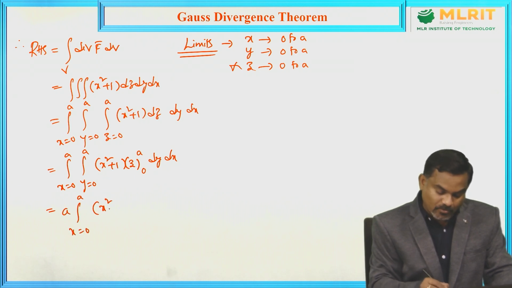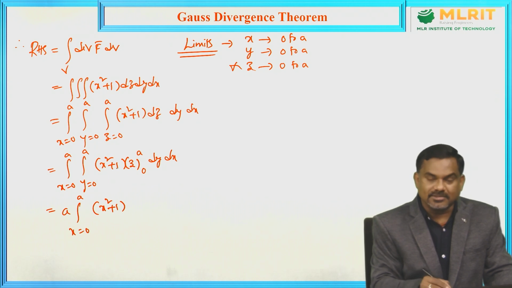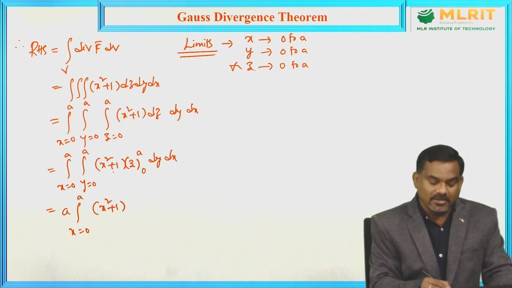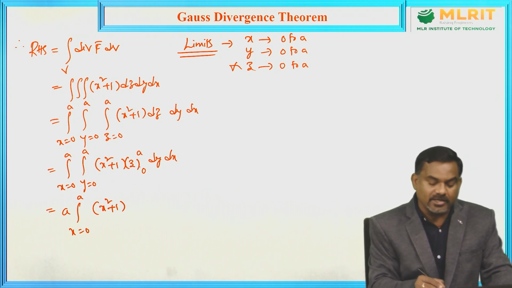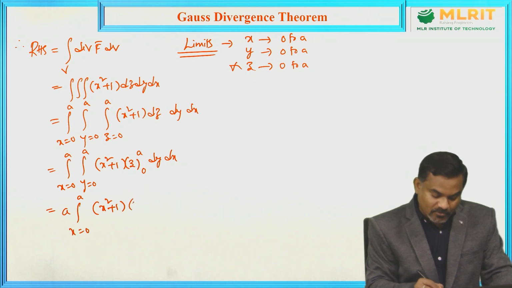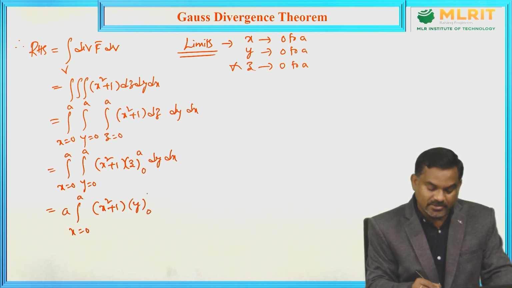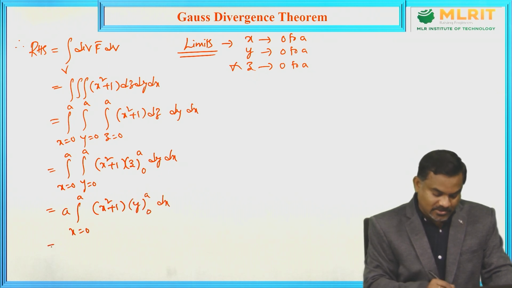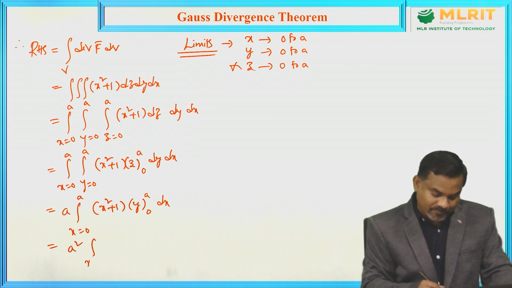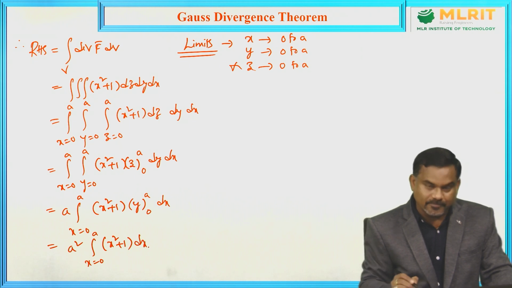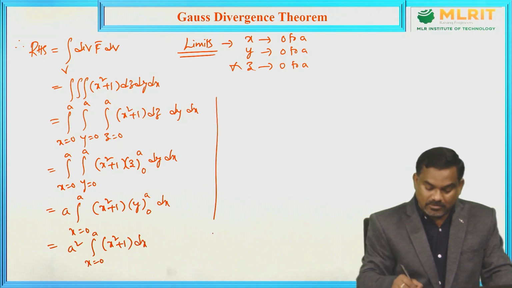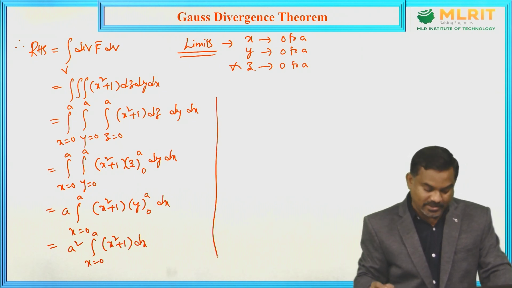Now with respect to y, the integral of dy, since again x square plus 1 is treated as constant. Here we get the integral of dy, which is y from 0 to a, dx. Applying the upper limit, it becomes a square, x from 0 to a, x square plus 1 dx. Now the last integration is with respect to x.